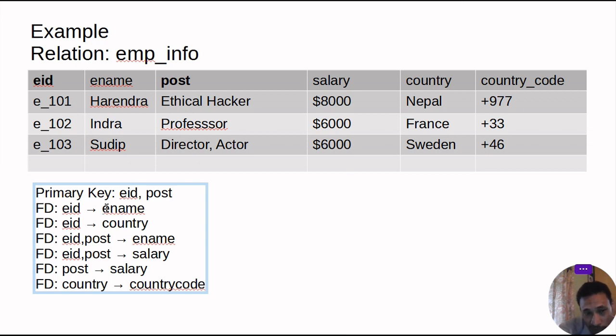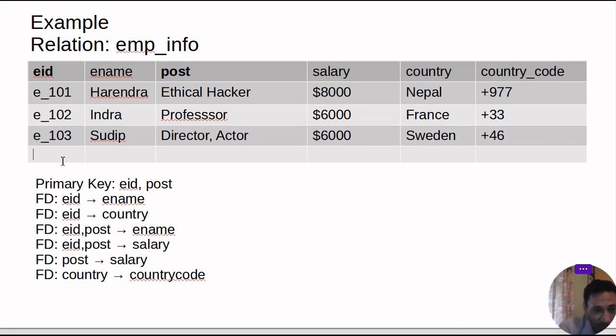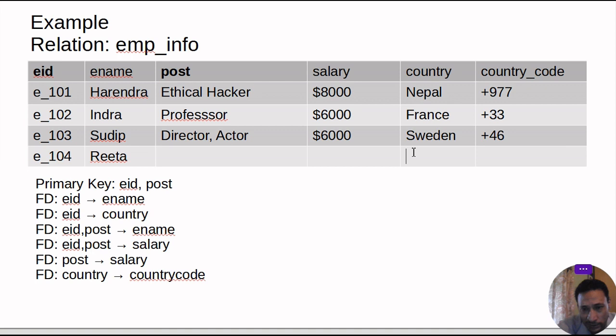Now let's talk about insertion anomaly in this table. If you want to insert a new record, suppose we have information about a new employee, let's suppose it's Rita, and she is from Nepal, plus 977.